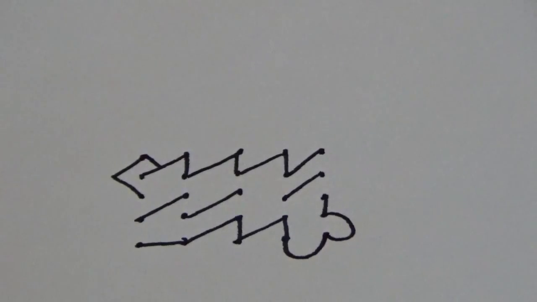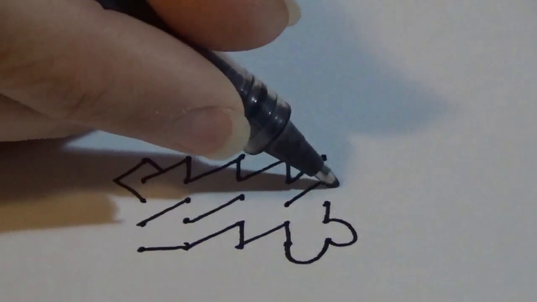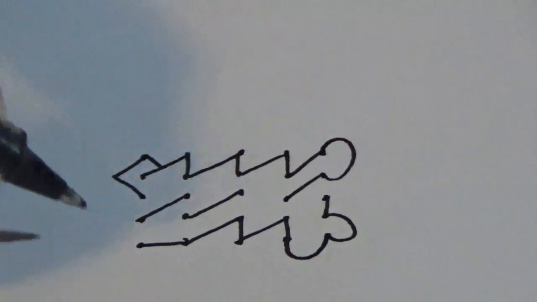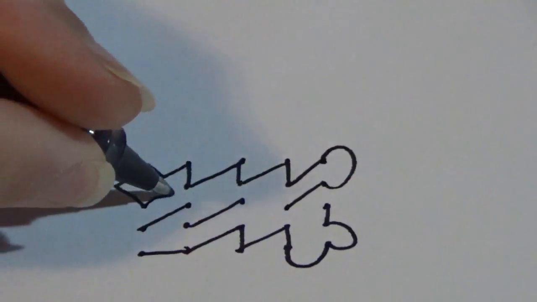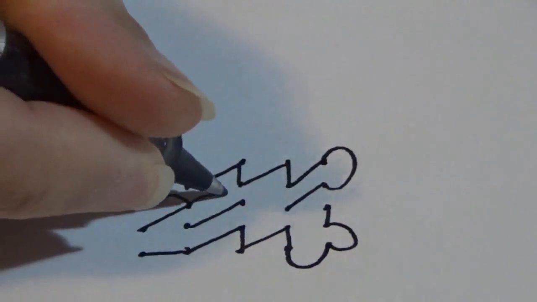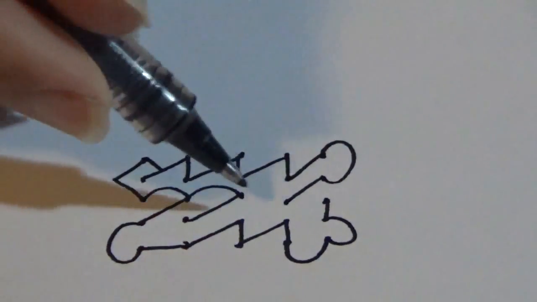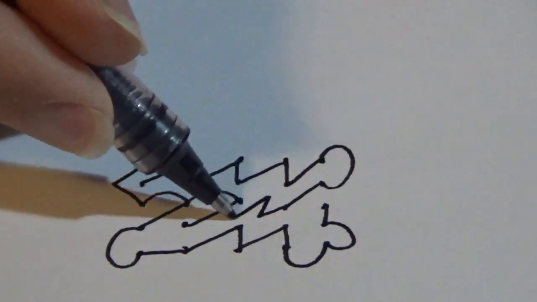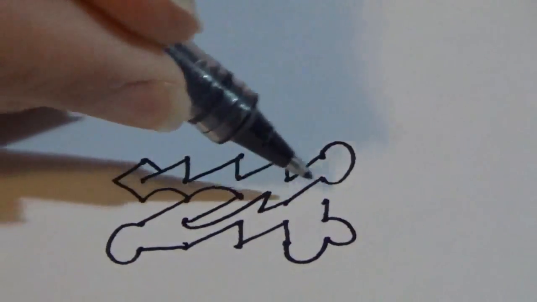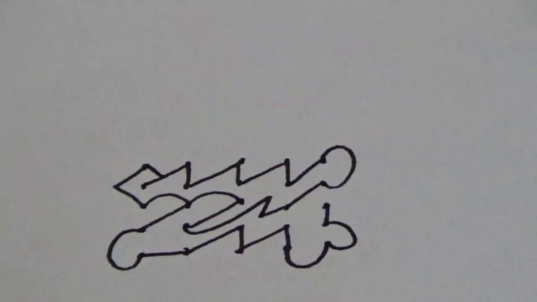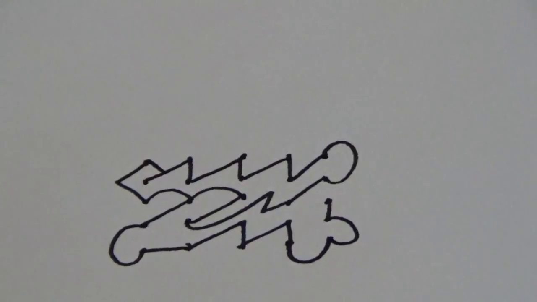If you just make the goal to connect every dot to every kind of line, and then to make a shape out of it, you wind up with something like this.